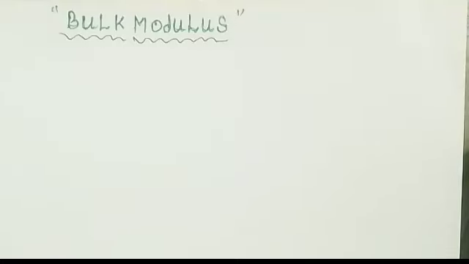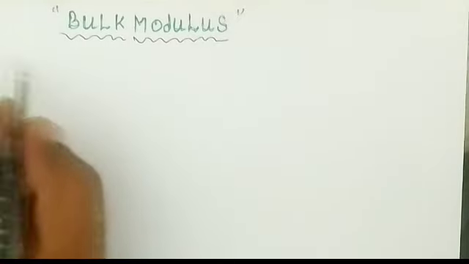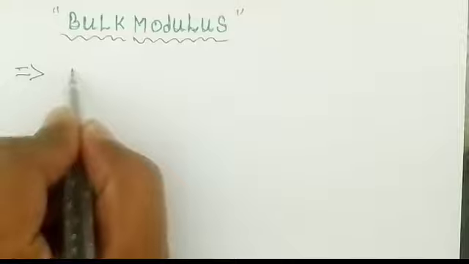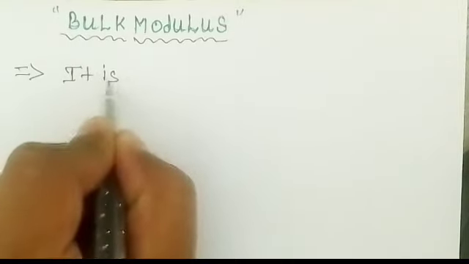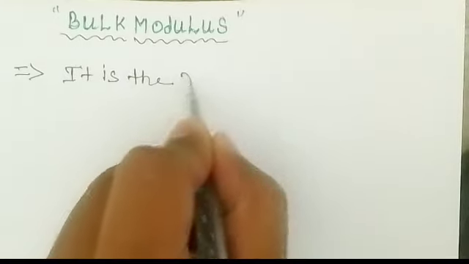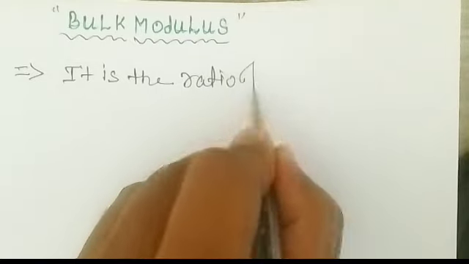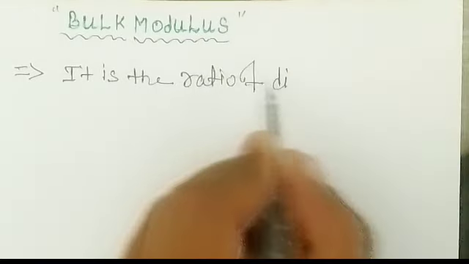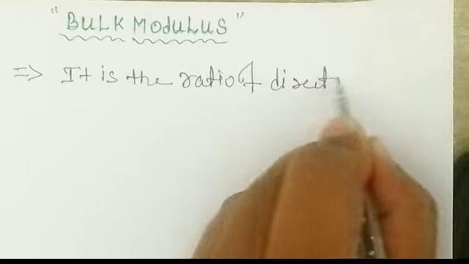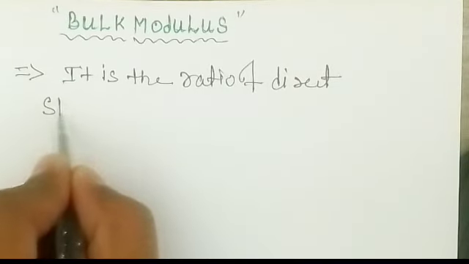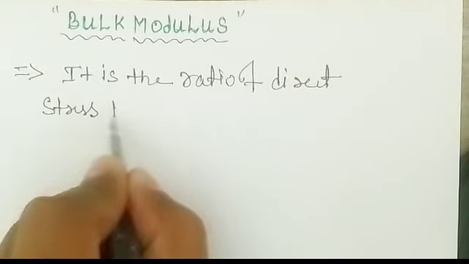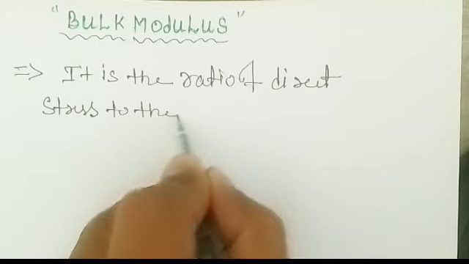Now we are going to discuss the bulk modulus. So what is bulk modulus? Simply, it is an elastic constant, and you can define bulk modulus as the ratio of direct stress to the volumetric strain.